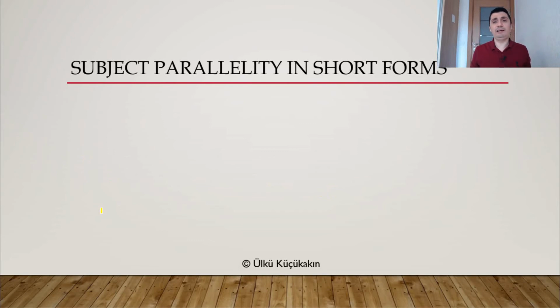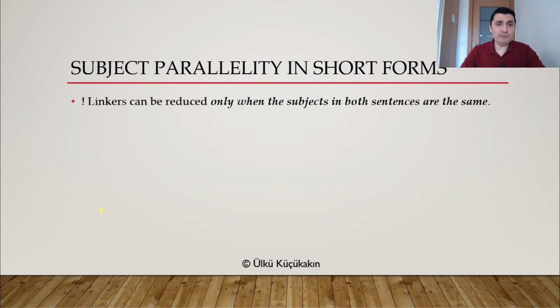Subject parallelity in short forms. What does this mean? Linkers can be reduced only when the subjects in both sentences are the same. So subjects should be the same in the adverbial clause and the main clause. All right. So in both sentences, the subject should be the same in order to reduce a sentence.